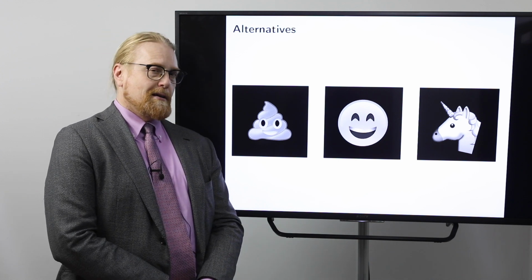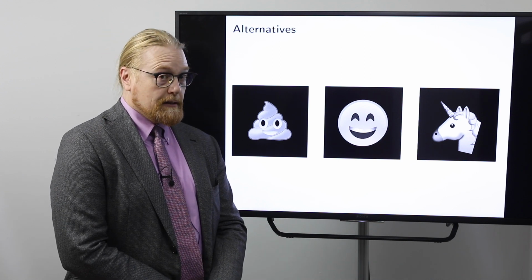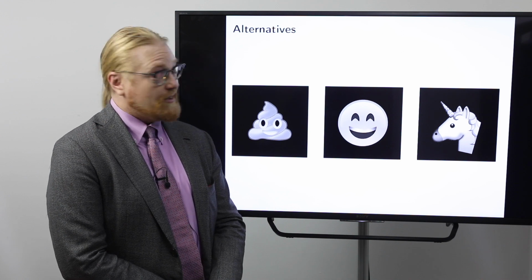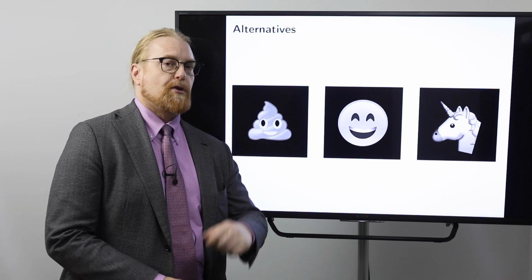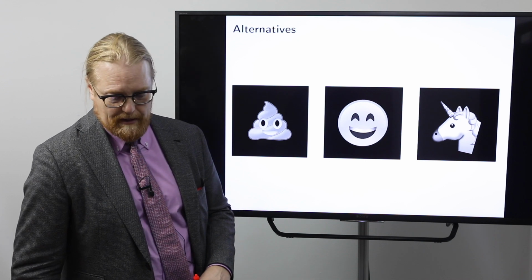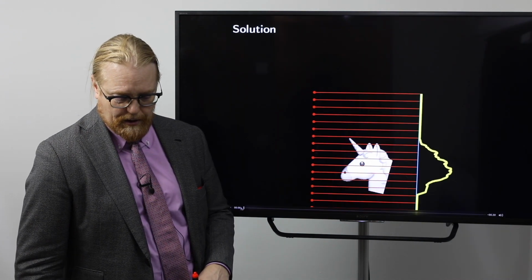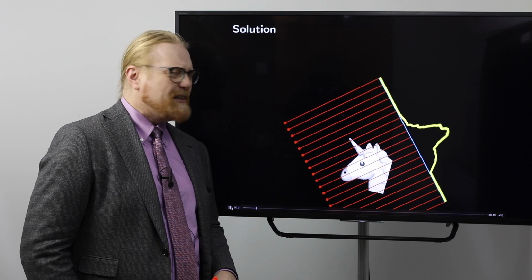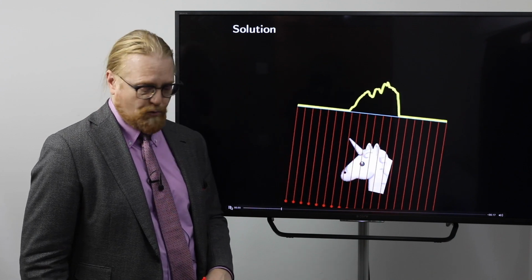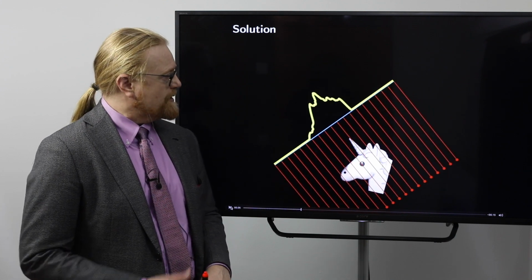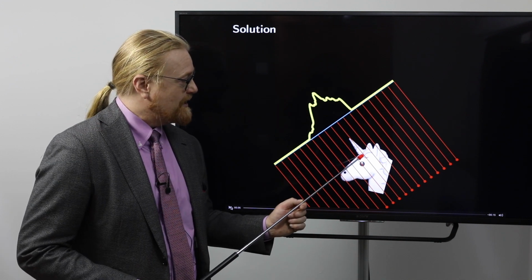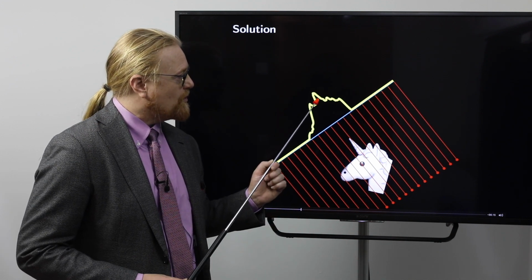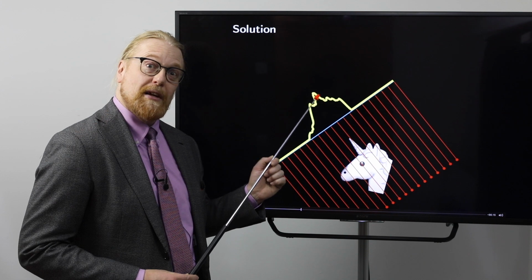Check back with the data, think about it. It's really hard though, so I will reveal the solution now. It is unicorn. And maybe the only way to realize what it is is some direction like this, where you can see the horn of the unicorn making a shape here.